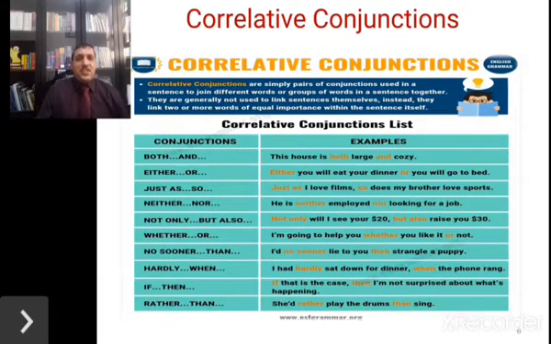Correlative conjunctions. There are many conjunctions, but I think they are sufficient for you for this semester because the course is bulky, very intensive. It would be very complicated for you to understand them all. Otherwise, we have in terms of, but if Allah wills, next lecture we will complete a lot of important conjunctions as well.